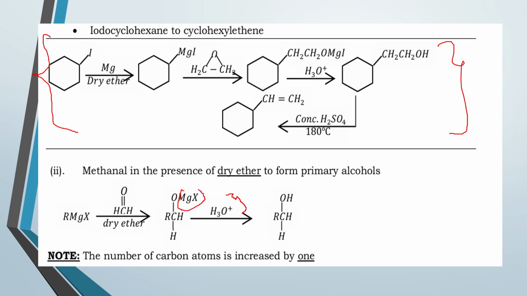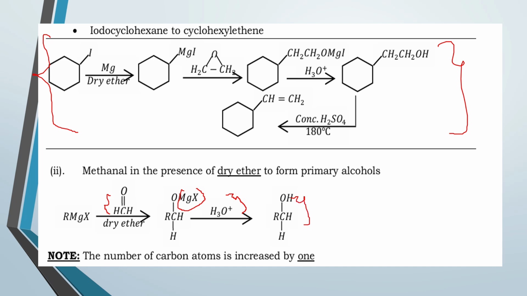But when you're dealing with ketones, we shall be using ammonium chloride to remove the magnesium halide. So for this, since we are dealing with an aldehyde, we use dilute acid, or H2O with the acid, or dilute hydrochloric acid to give us an alcohol.